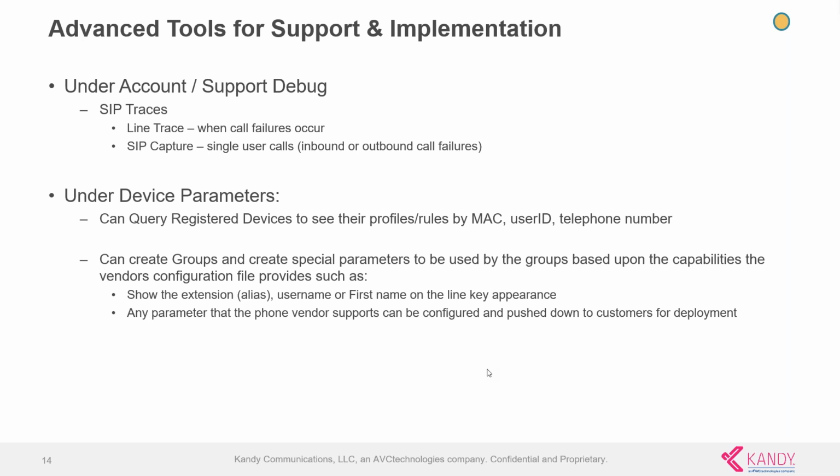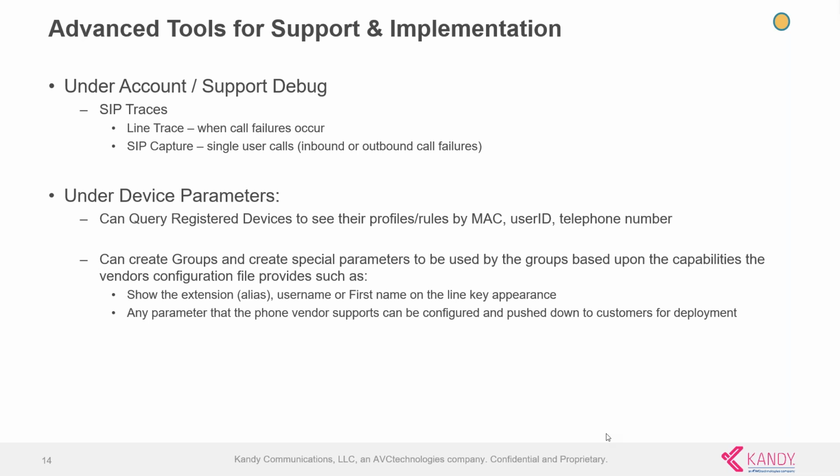So let's say you get it registered and you make calls to it, and the paging device won't answer. You could use the line trace, the SIP capture, to go look at a call to it and see if you're getting a specific error code or SIP response code back from the phone, and then we can use that data to adjust headers or to try to determine why it's failing.